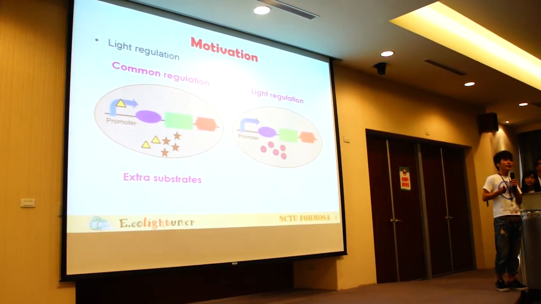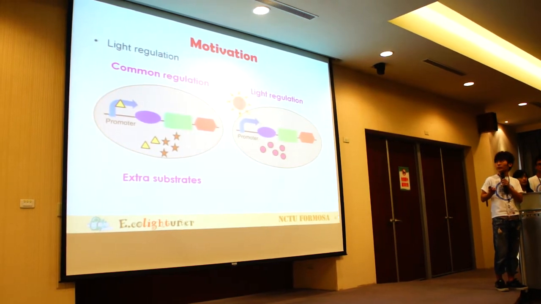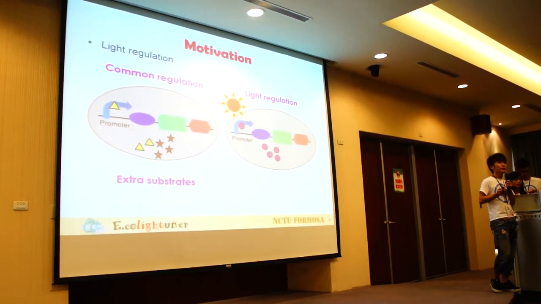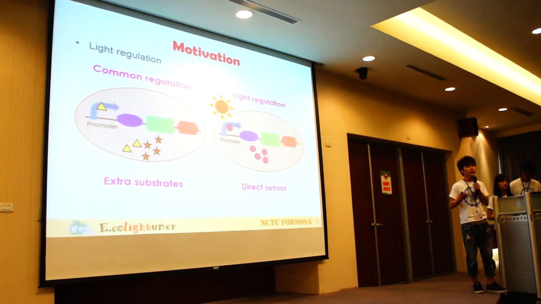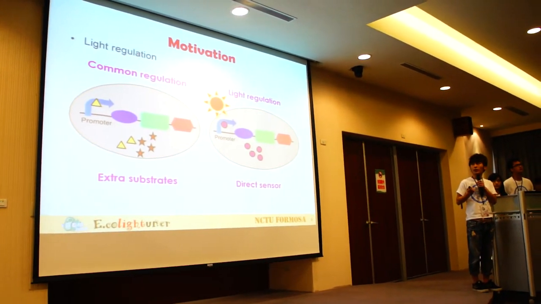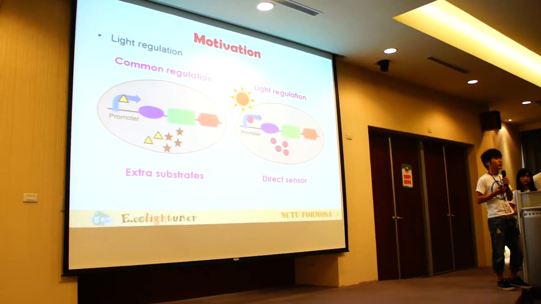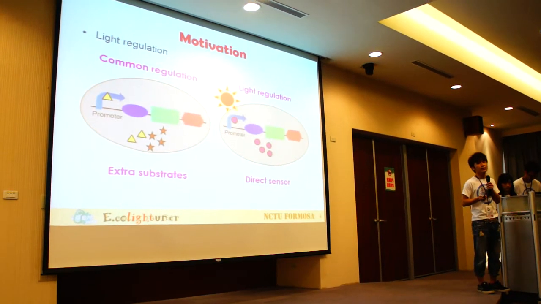However, different from adding substrates to induce the promoter, the light promoter sends the specific wavelength of light directly to turn on the gene expression. Also, we don't have to be concerned about the concentration of extra substrates we add when turning on or off the promoter, and the side effects on the bacteria.